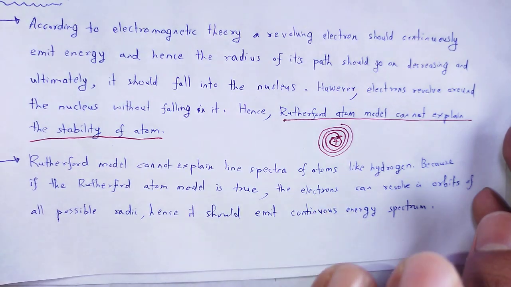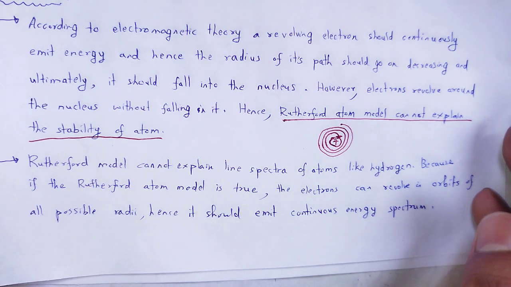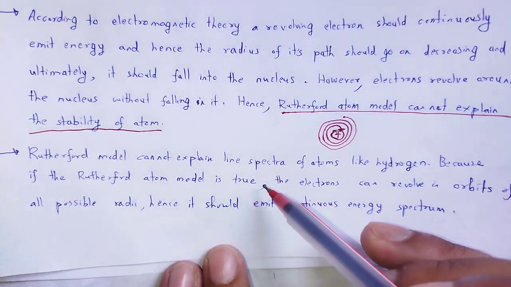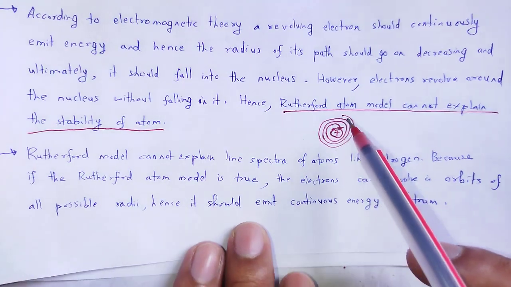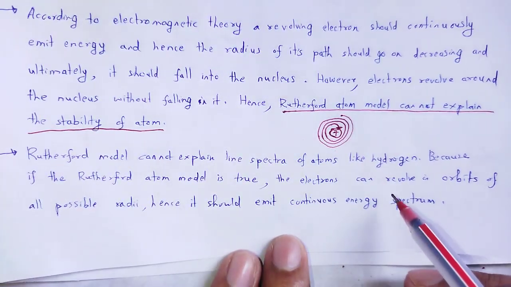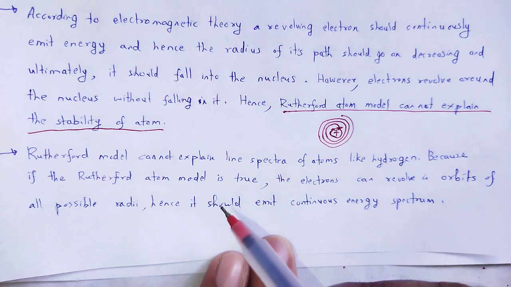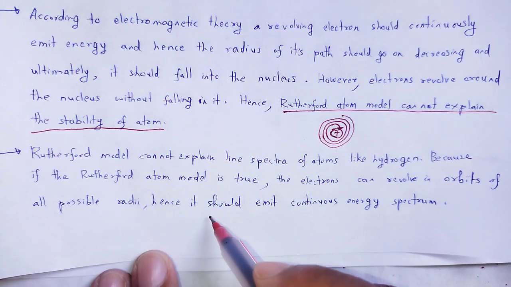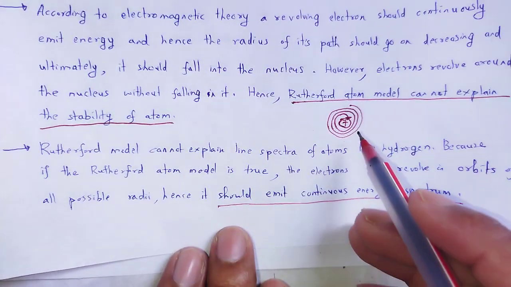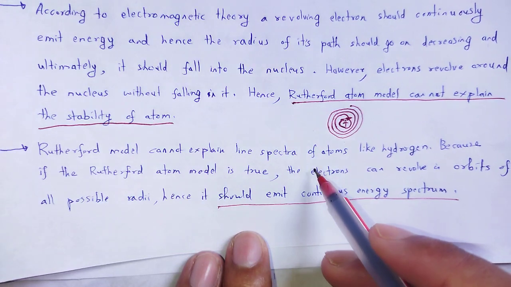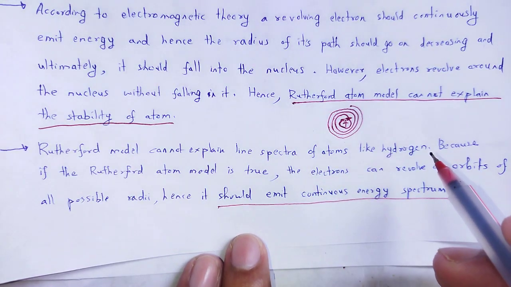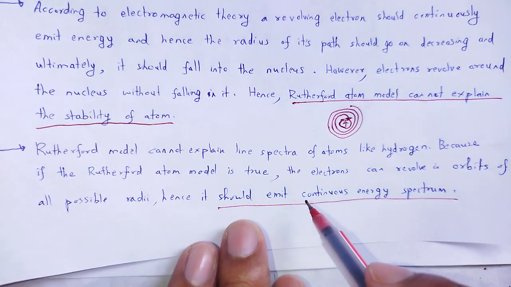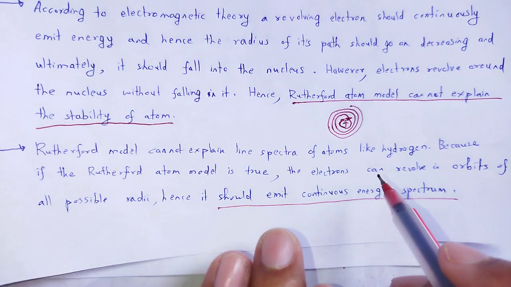These we notice as examples of spectral series, because if the Rutherford atom model is true, as electrons revolve around the nucleus continuously, the electron can revolve in orbits of all possible radii, hence it should emit a continuous energy spectrum. But actually hydrogen shows line spectra. So, from the spectrum point of view, the Rutherford atomic model fails to explain.